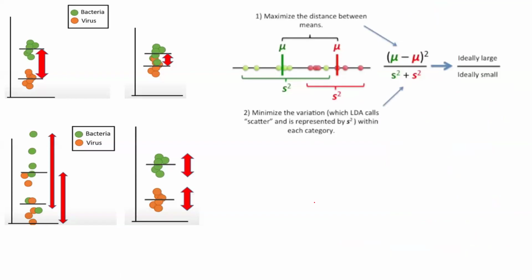Now I'm putting this objective into an equation. Let's suppose for category 1 the mean is mu1, and for category 2 the mean is mu2, which is in red color. What we are trying to maximize is the distance between these two means. Distance is nothing but this point minus this point.